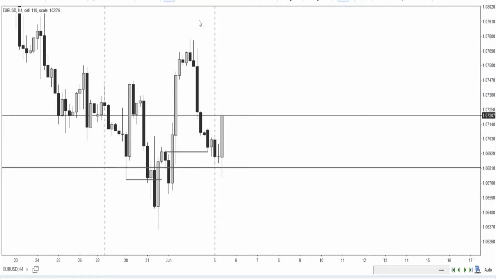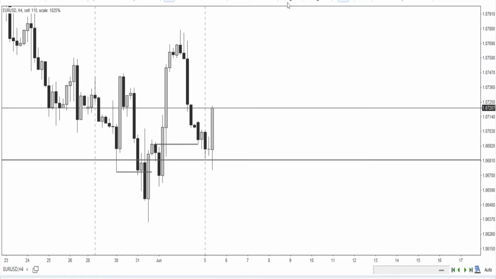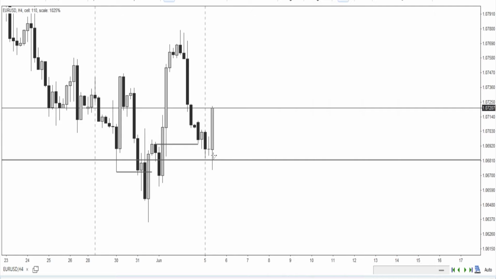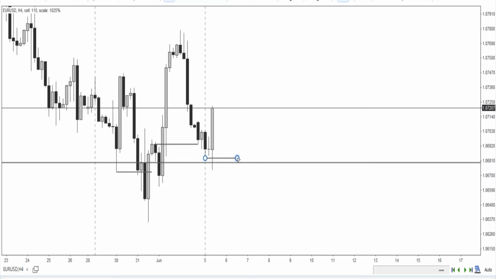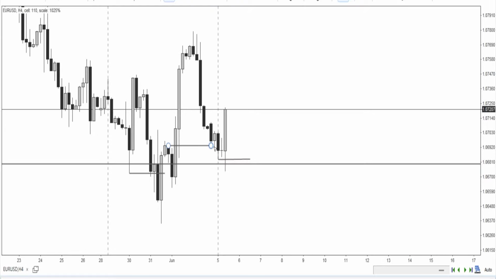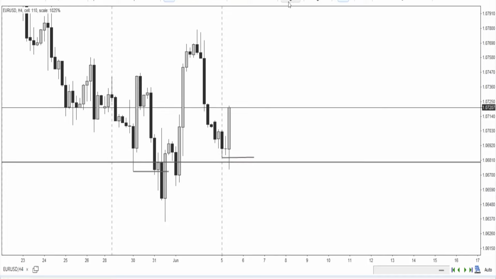So you can see we rode a recent 4-hour swing low into this 4-hour OB.